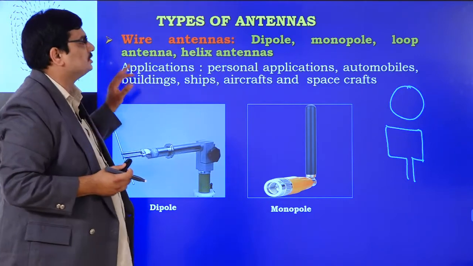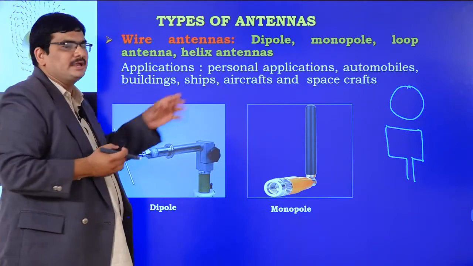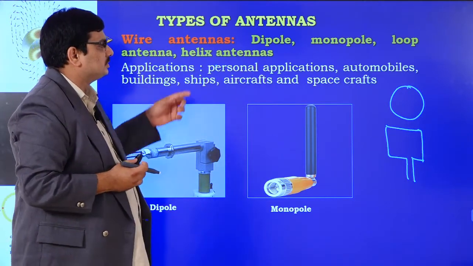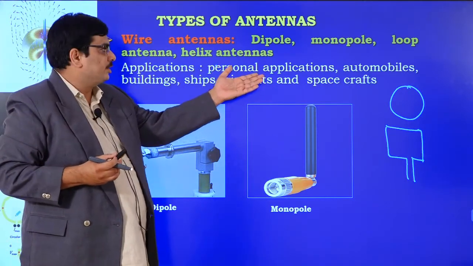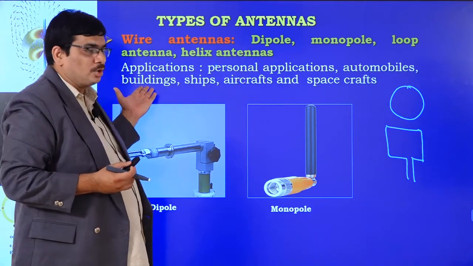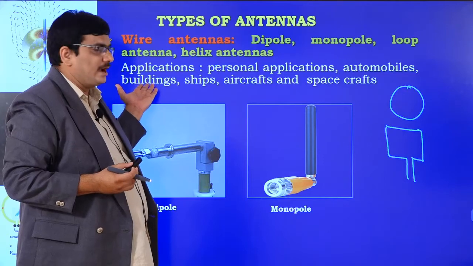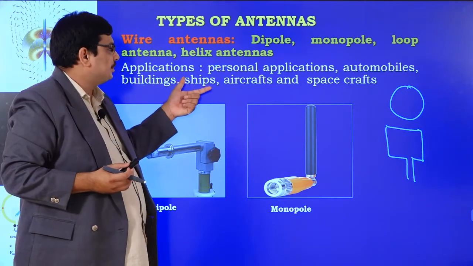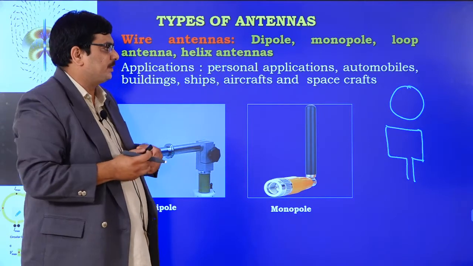So where do we use these wire antennas? In personal communication applications like mobile phones and radios, in automobiles like cars, on housetops and buildings, because monopole antennas are constructed on housetops, and in ships, aircraft and spacecraft.